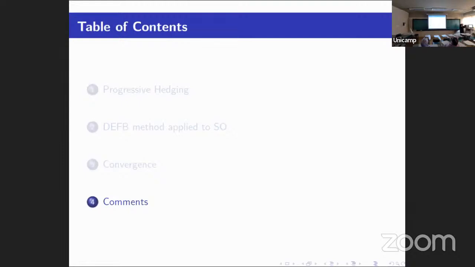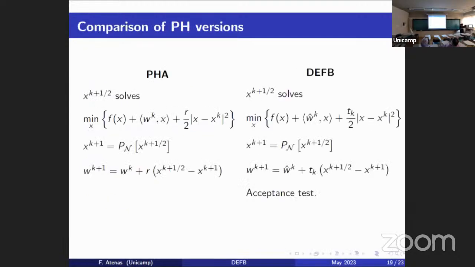Now some comments regarding our proposal. Well, first the comparison, right? Because I was always saying, oh, well, this looks like a recursive ending. Here we have a side-to-side comparison. So the form of these primal subproblems is essentially the same. Here in the recursive ending, we do not use centers because we do not have centers, right?